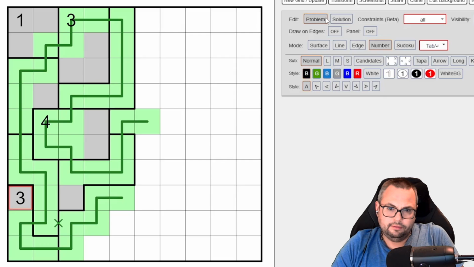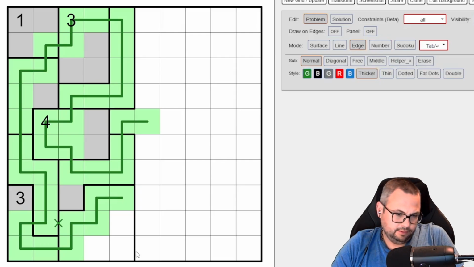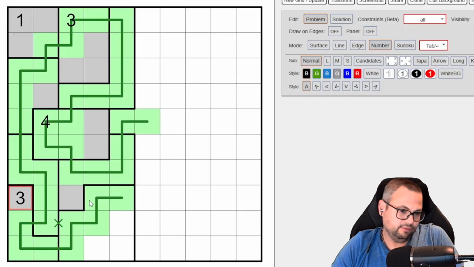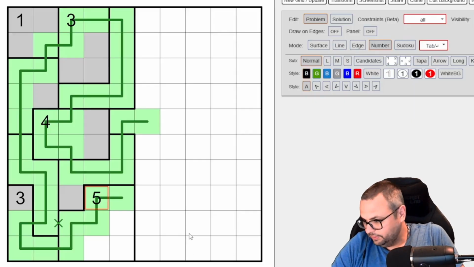Okay, and then let's make a country here. Yeah, we'll make it look like that. That has 5 visited cells, since we have forced the visiting of 5 cells.